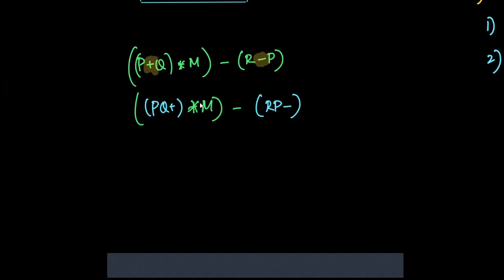So this time, this is our operator. So we write PQ plus M multiplied. Okay, no brackets. Remember, no brackets. Minus RP negative. And with all that being said, finally, this is our last operator.